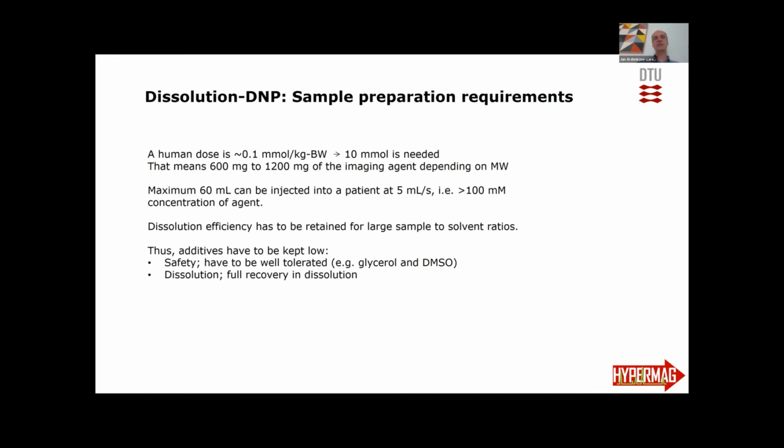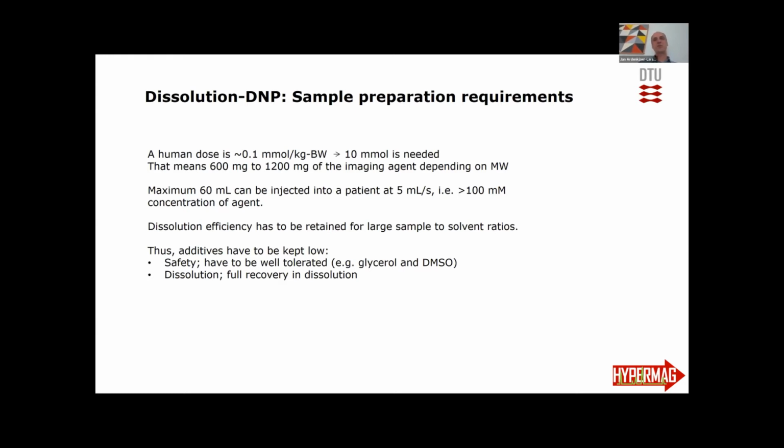And many of the agents that you saw in the table before, whether they're endogenous or exogenous contrast agents, the safety profile in a favorable case could typically be on the order of 0.1 millimole per kilogram body weight. That is the approved dose level for a gadolinium contrast agent, which is eliminated renally by the body.